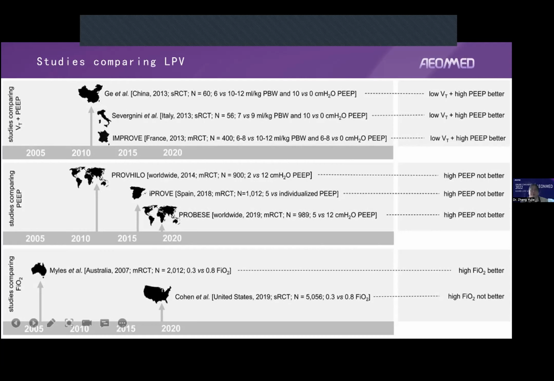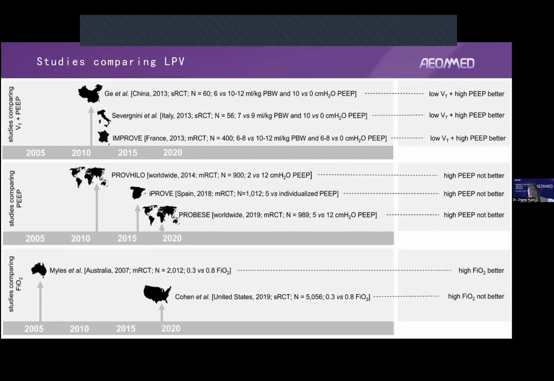But we need to pay attention to the third column: the studies of the oxygen fraction had different results. That's why the recommendation about the oxygen fraction is weak in the BJA recommendation.